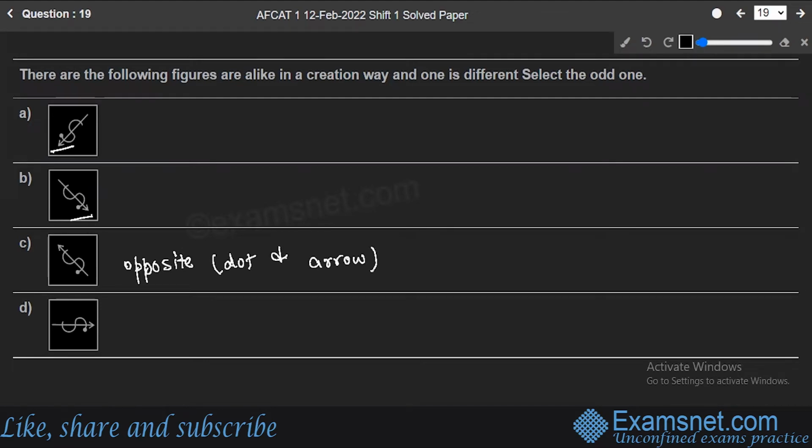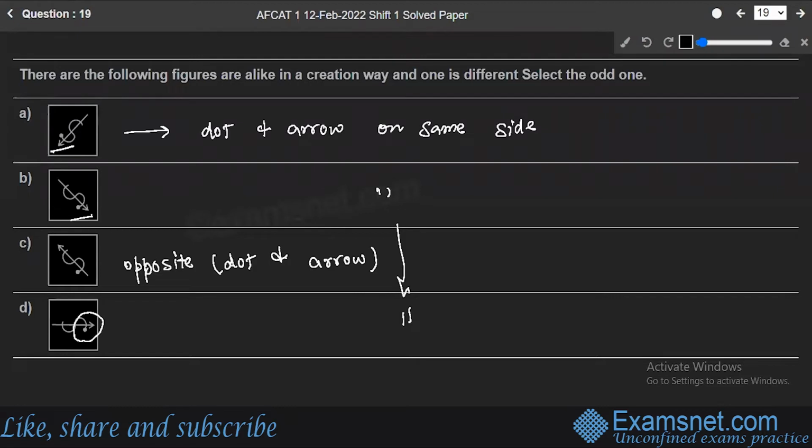And this is again on the same side. So these have the dot and arrow on the same side, even this one and even this one. Only this one has them in the opposite direction. So this is the correct answer, option C.